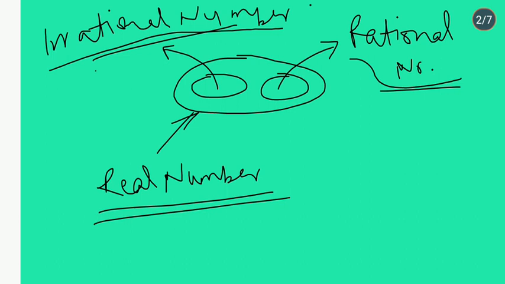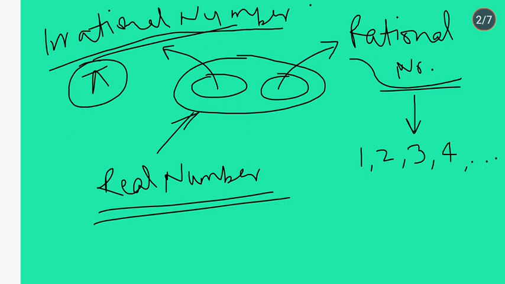So let us say an irrational number example is pi. Let's have the irrational number as pi, and rational numbers 1, 2, 3, 4. These are rational numbers. So the real numbers will become 1, 2, 3, 4, 5, 6 and including this pi also.